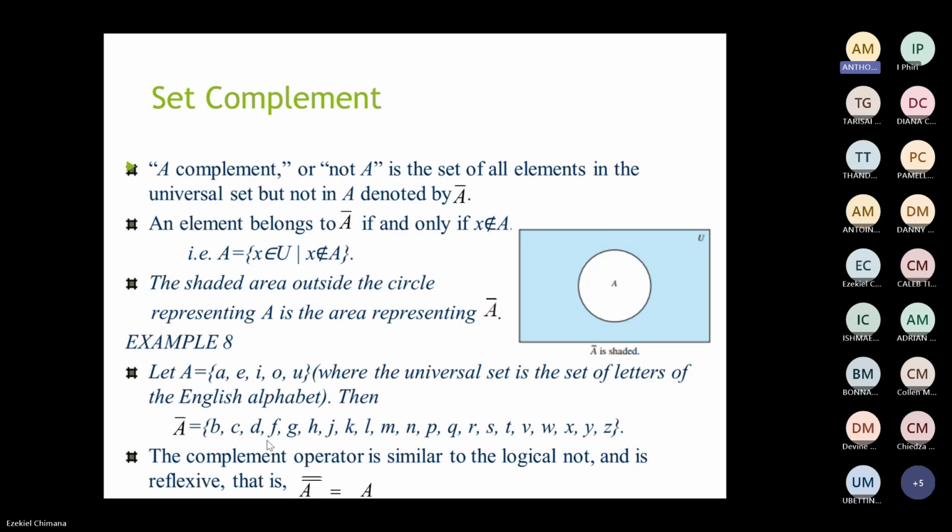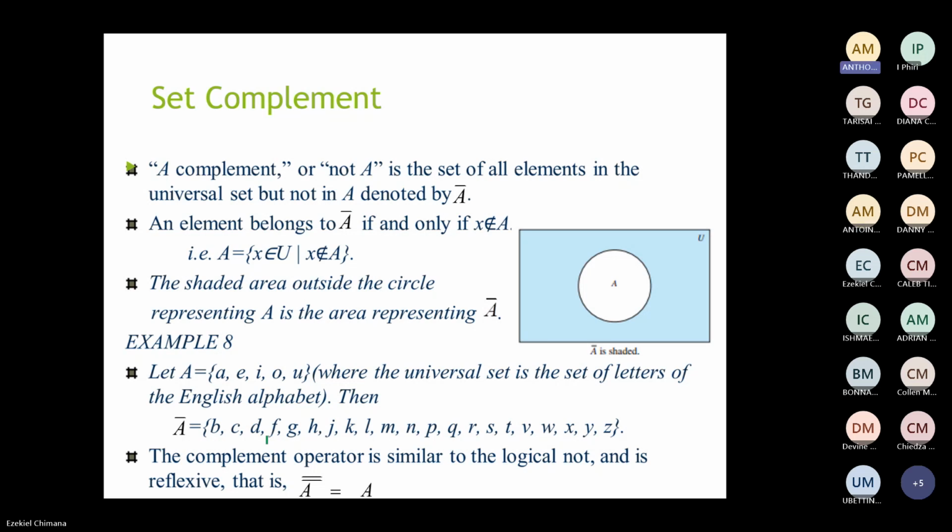And then we have the set complement. The complement of A, or not A, is the set of all elements in the universal set but not in A, denoted by A with a bar on top.